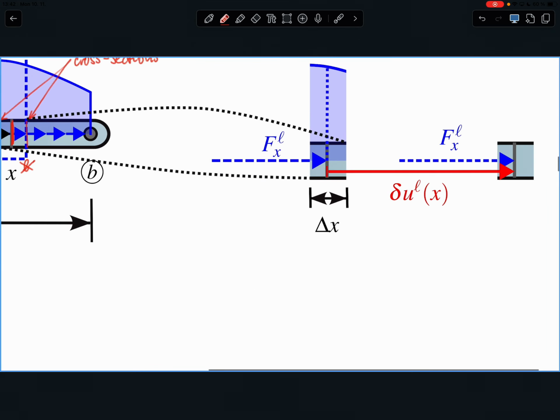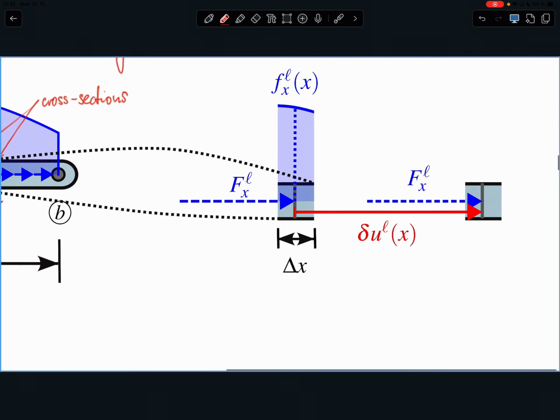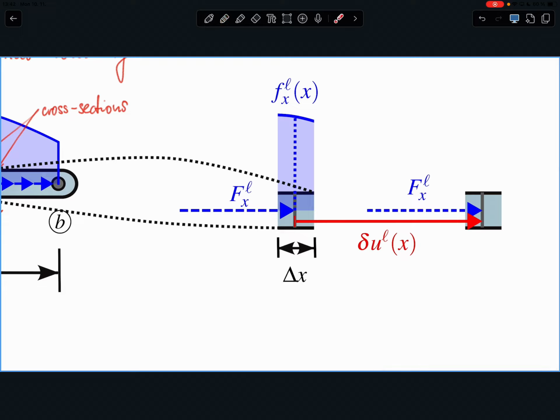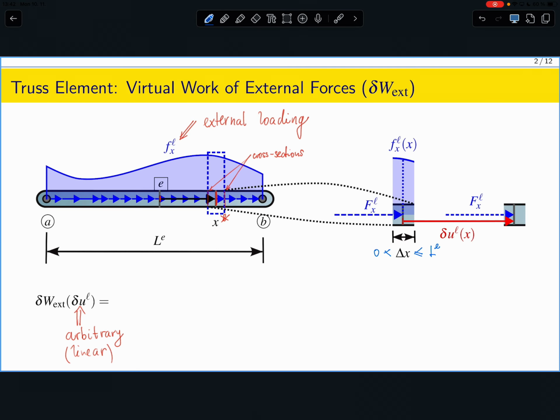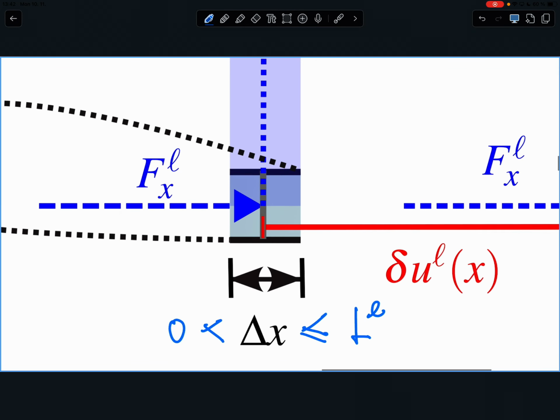I will assume that this cut is of a certain length, denoted here as delta x, which is non-zero but substantially smaller than the element length, which you can see here. The reason why I'm doing that is twofold.